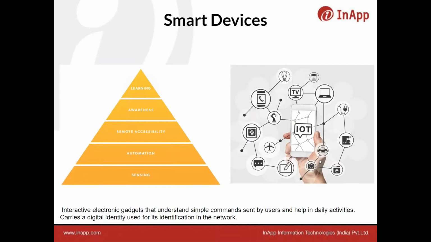Okay, so we are familiar with the term smart. Smartphones, smart devices, gadgets are all smart. When something is connected to the internet, that means it can send information or receive information, or both, right?